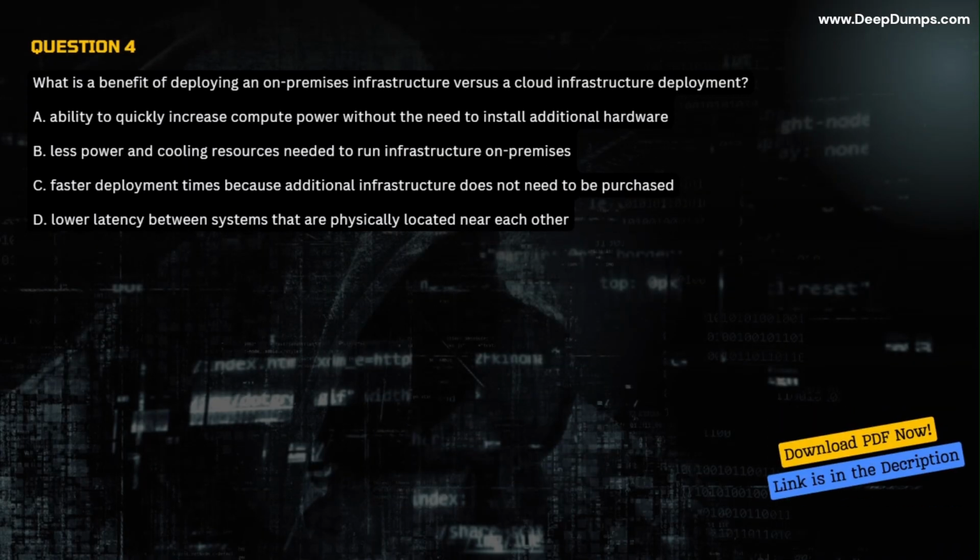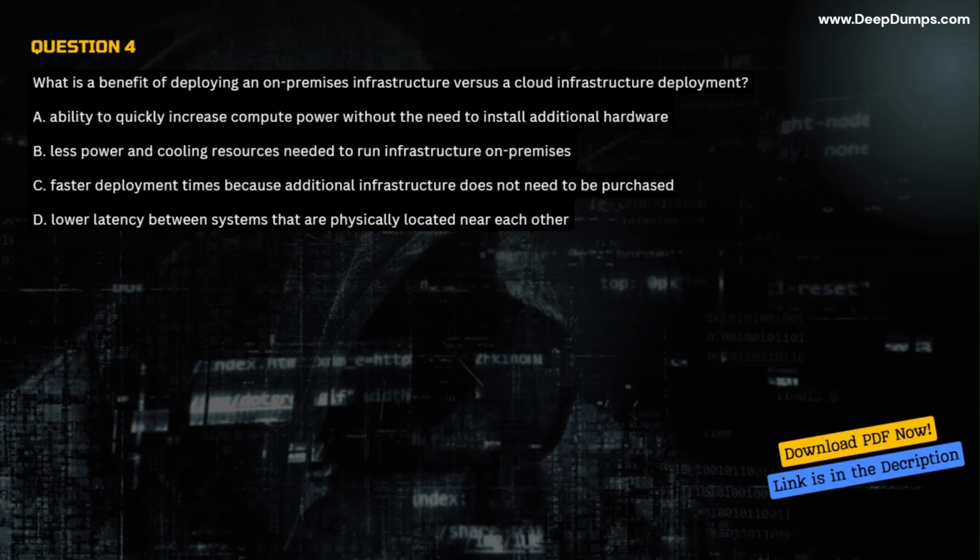Question 4. What is the benefit of deploying an on-premises infrastructure versus a cloud infrastructure deployment? A. Ability to quickly increase compute power without the need to install additional hardware. B. Less power and cooling resources needed to run infrastructure on-premises. C. Faster deployment times because additional infrastructure does not need to be purchased.